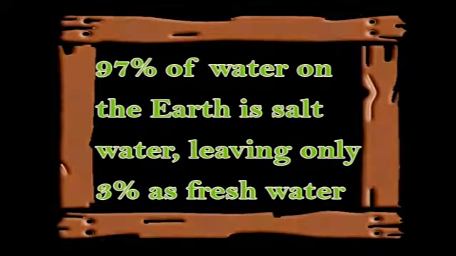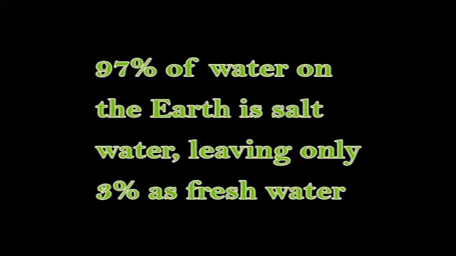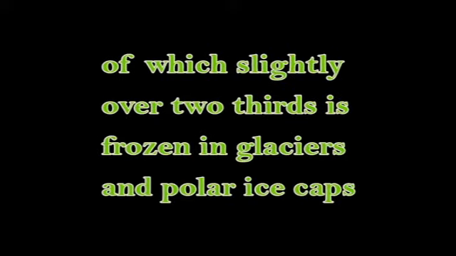Virtually all of these human uses require fresh water. 97% of the water on the earth is salt water, leaving only 3% as fresh water, of which slightly over 2/3 is frozen in glaciers and polar ice caps.